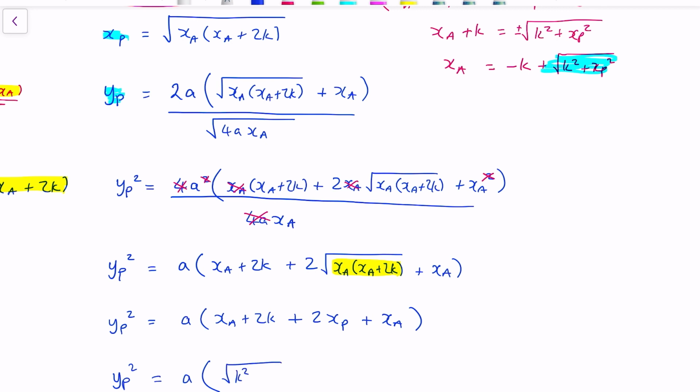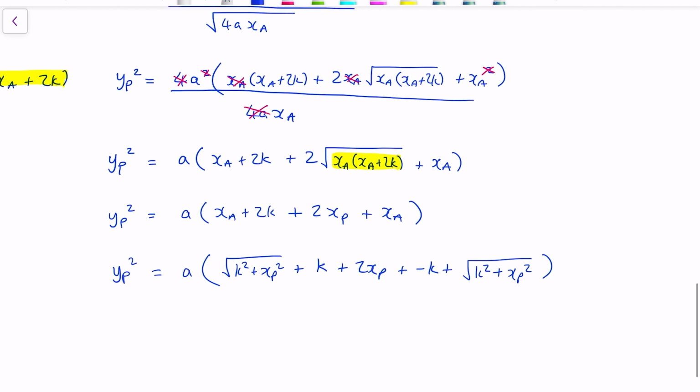Root k squared plus xp all squared plus another k plus 2xp plus xa, which is minus k, plus this dude. That's quite nice because the k's cancel and there's 2 of the square root, so I can factor out a 2.